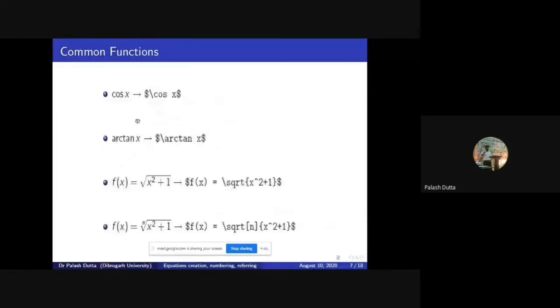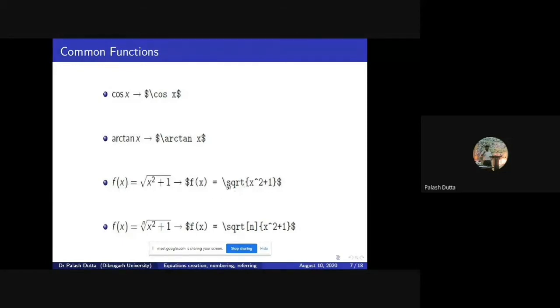Similarly, coming to some common functions, trigonometric functions. To write cos x, we write under dollar \cos x, then \arctan x. Similarly, for this expression we write \sqrt, meaning square root.